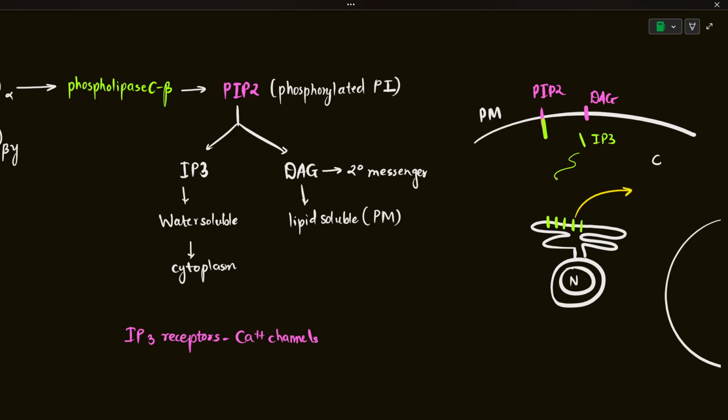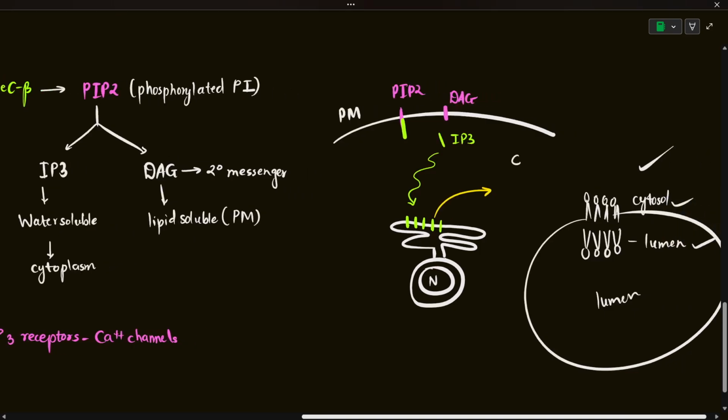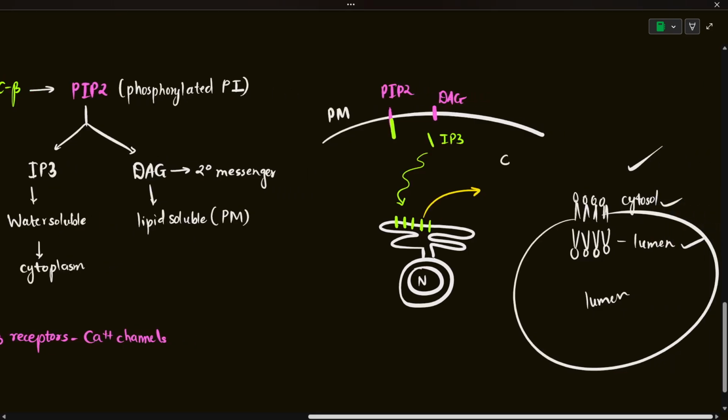This IP3 will go and bind to this receptor which is present on the endoplasmic reticulum membrane. Now, as I already mentioned, those are calcium ion channels, right? So this means that they will open and they are going to do the exchange of the calcium ions.